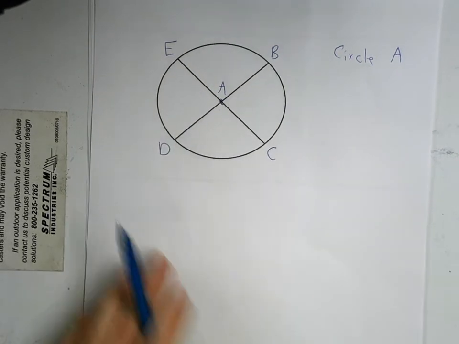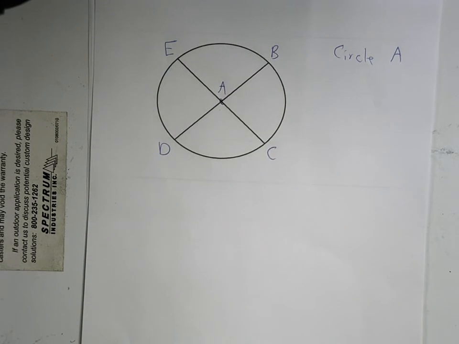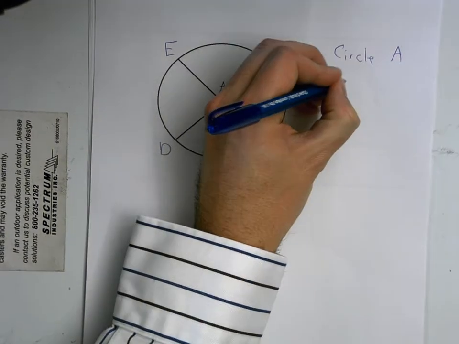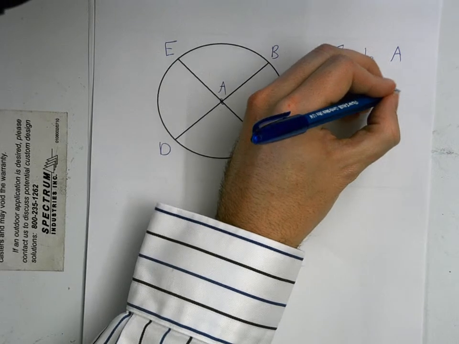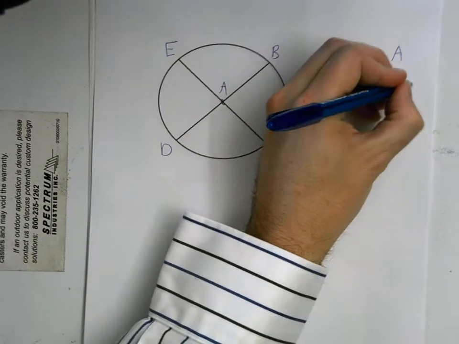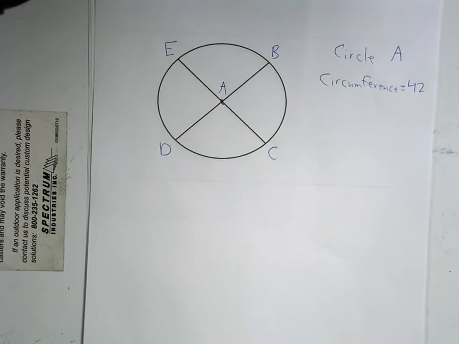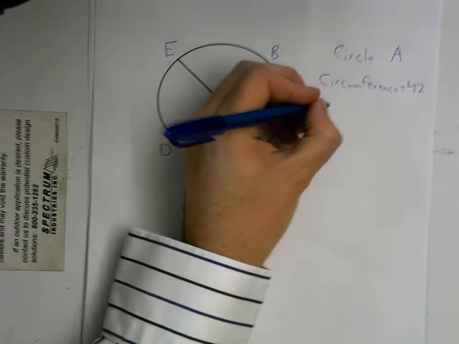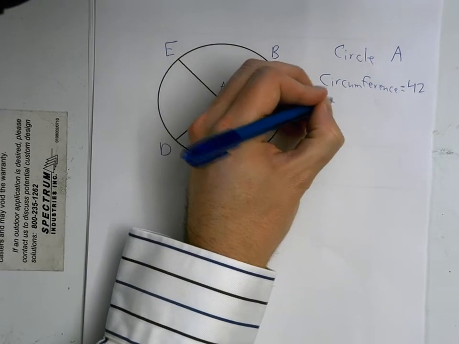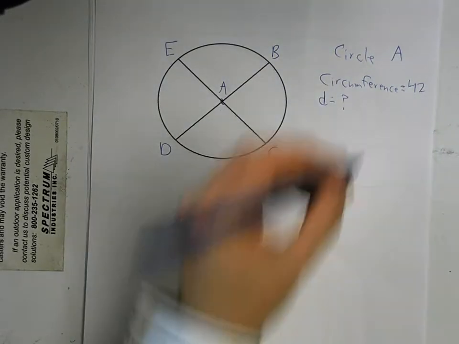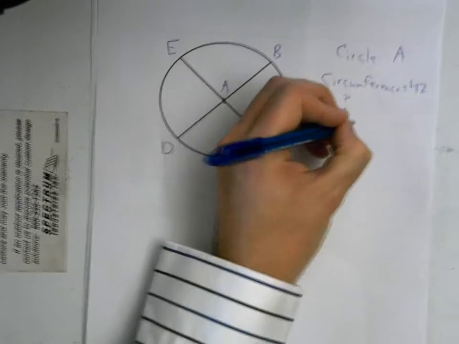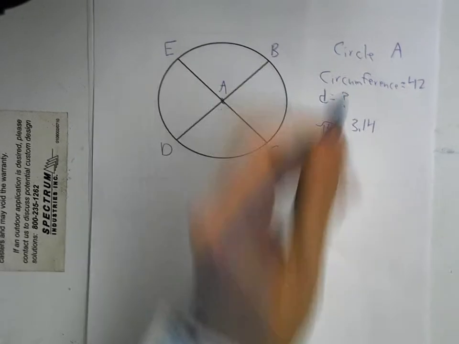And let's say that I know that my circumference is 42. But they're going to ask, well, what's the diameter? Do we know how to solve that? And we're going to say that pi is going to be 3.14.